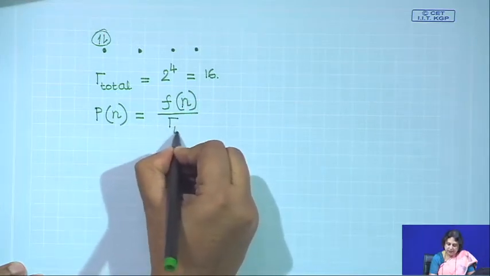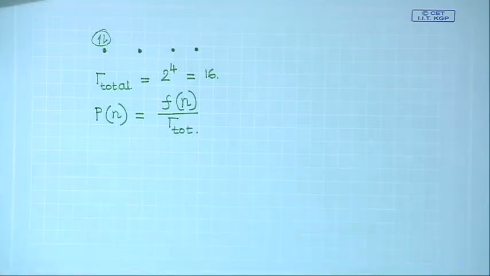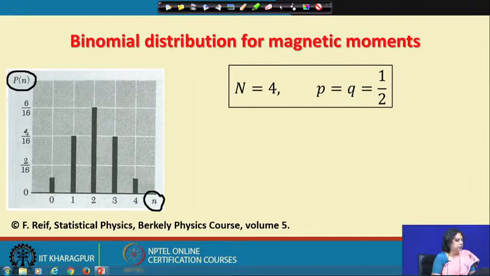divided by gamma total. It is very easy to show that if you have n equal to 0, 1, 2, 3 or 4, the corresponding f n values are going to be 1, 4, 6, like that.